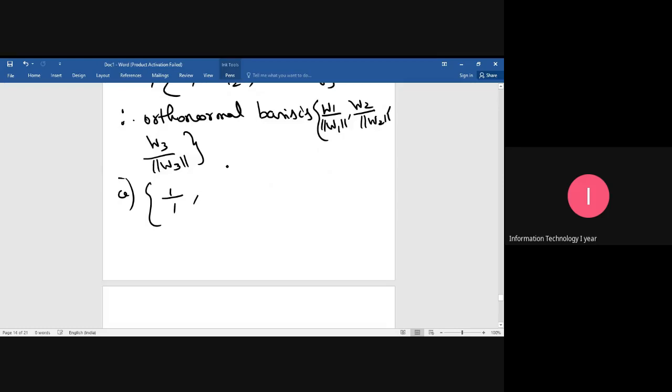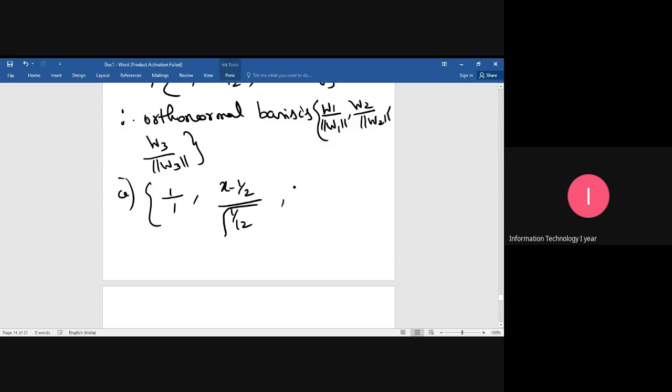Then W2 divided by norm W2. So W2 is actually x minus 1 by 2, divided by the square root of norm W2 square, which we got as 1 by 12. So the first is x minus 1 by 2 over square root of 1 by 12, comma. Then W3, right?